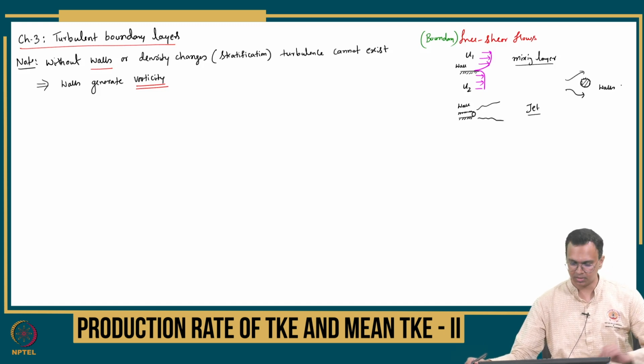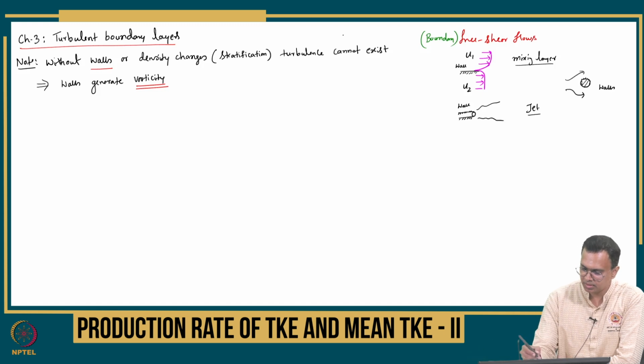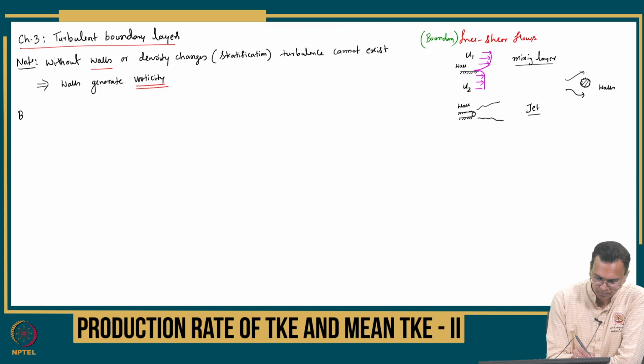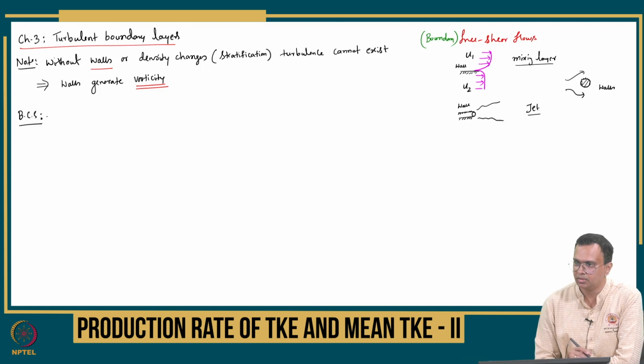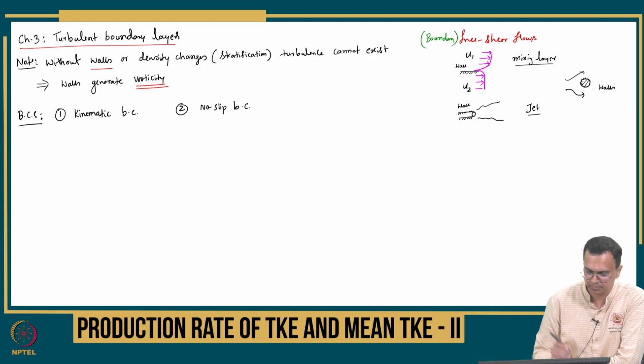So now let us look quickly at a review of two important boundary conditions that you all know, boundary conditions that are important in a turbulent boundary layer flow. You already know, this is just a recall. You have this kinematic boundary condition, and then you have the no slip boundary condition.